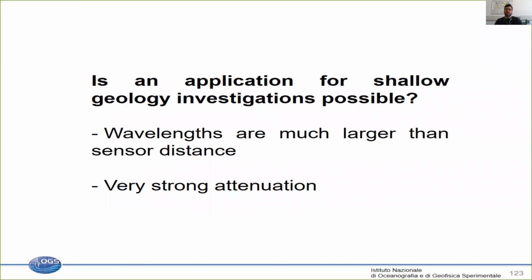So the question was, okay, can we see the same in shallow material, where we know that the wavelengths are much shorter than the ones that we consider at global level? Therefore, they make more cycles, they will attenuate faster, so we will lose them sooner, especially considering that the shallow material has a very strong attenuation.